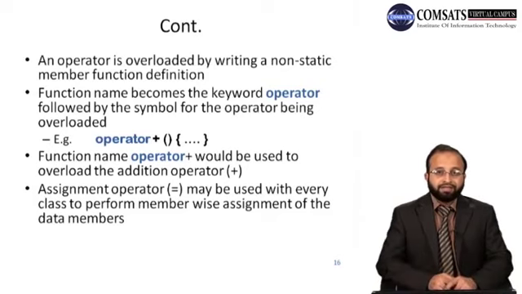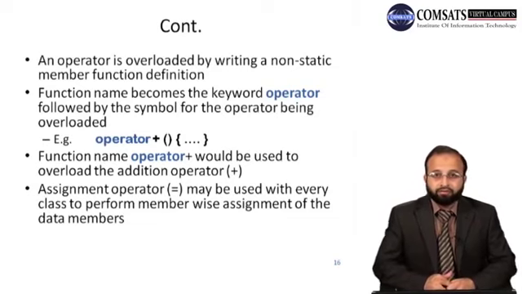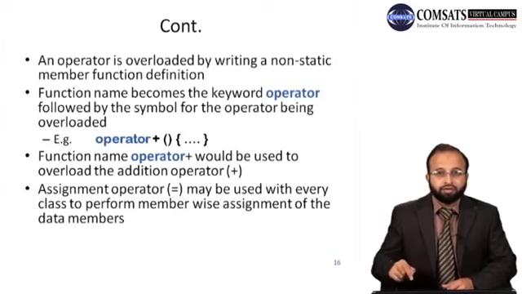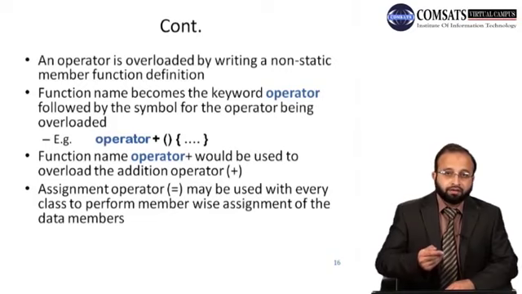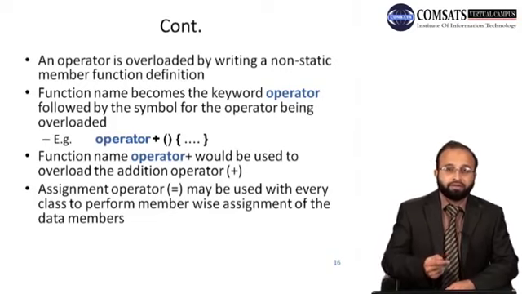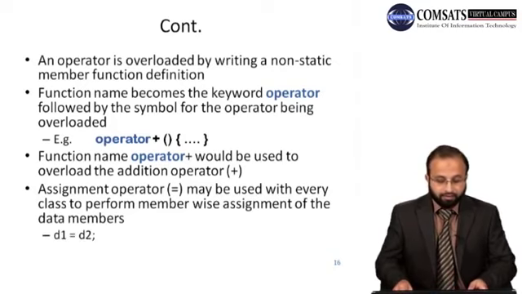For example, if I write d1 is equal to d2, then this means that I want to copy the content of d2, the values of the private data members feet and inches, into the private data members feet and inches of the d1 object. So we can overload the assignment operator for any class like this.